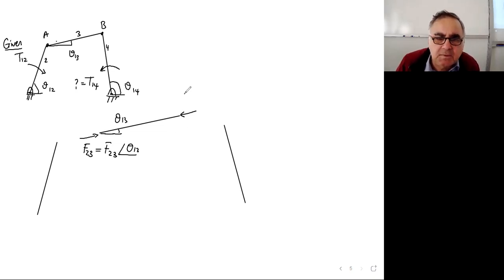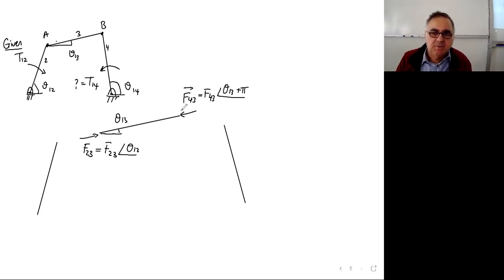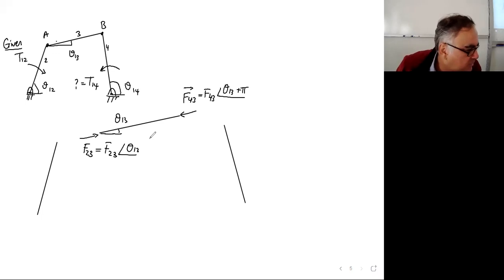F43 on the other hand is equal to F43 with an angle of theta 13 plus pi, right? Because it's in the opposite direction. Okay, that's the two-force member. We have exhausted everything, every knowledge in that member.